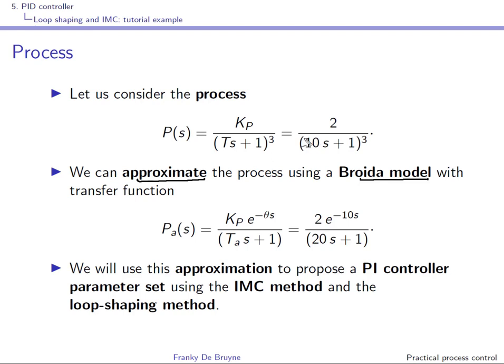So 10 plus half of 10 plus half of 10 is 20 seconds, and the remaining half we will put in the delay. And this is how we very easily obtain an approximation using a Broida model, and we can use it to tune a PI controller using the IMC PID tuning method.